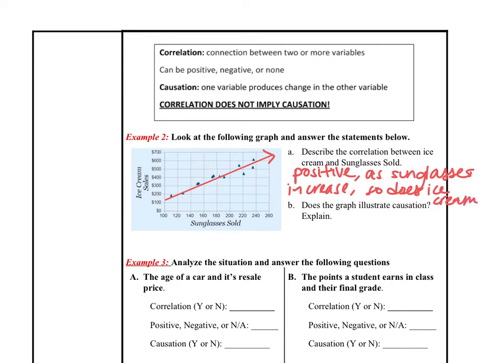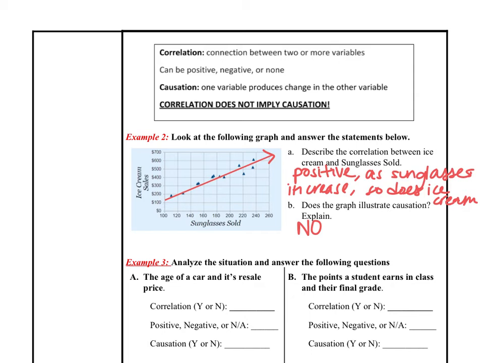All right. Does the graph illustrate causation? Is the increase in sunglass sales causing the ice cream sales to rise? Do we really think that when I sell more sunglasses, people buy more ice cream? Is that causing the other thing? No, because there are other reasons why ice cream sales might go up, not necessarily because of sunglasses.